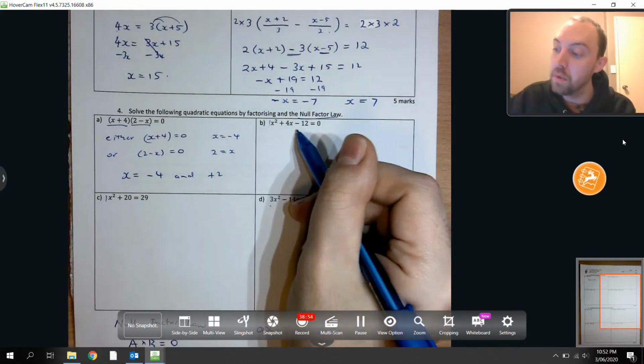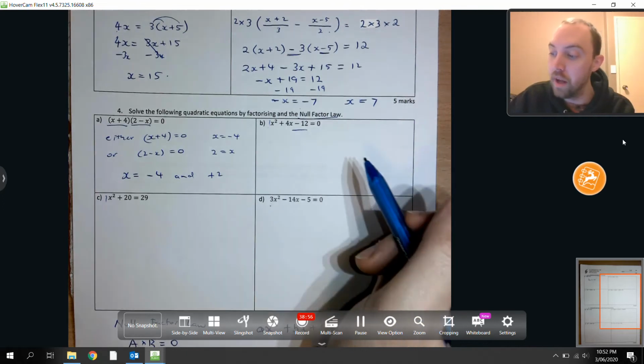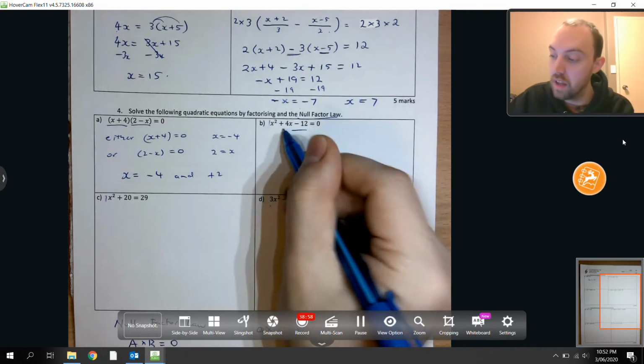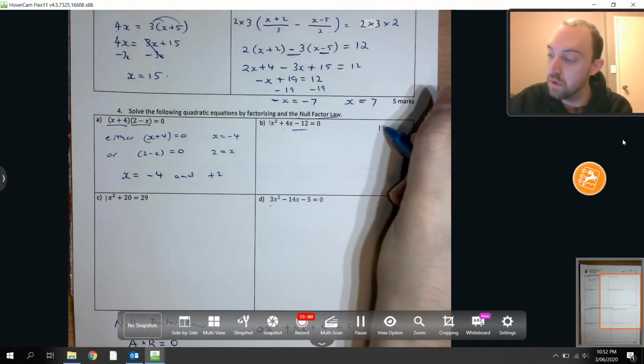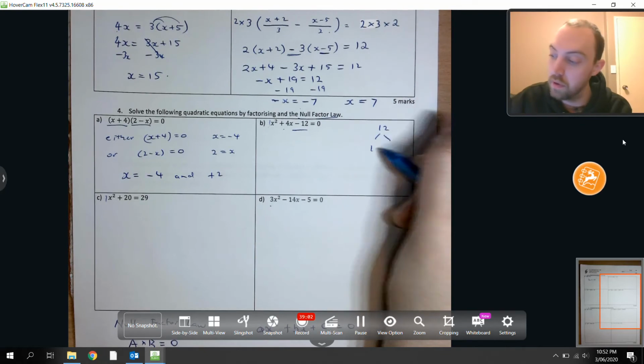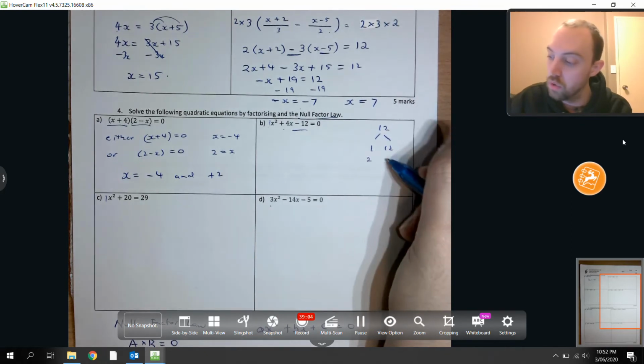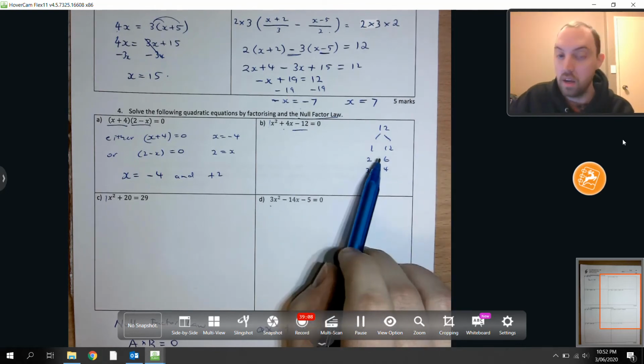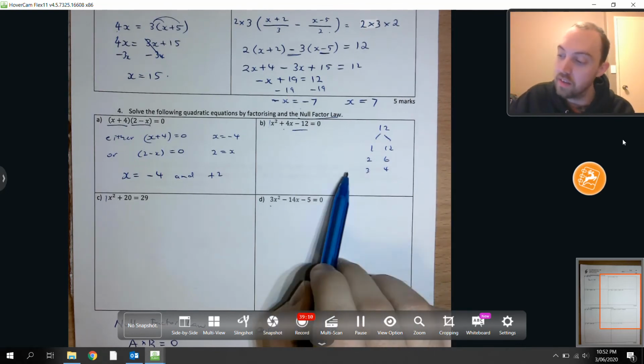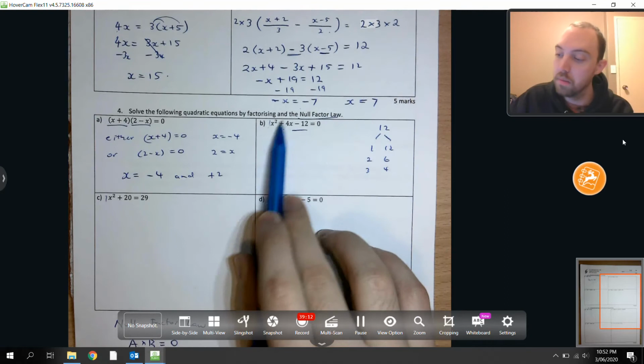In part B, we're looking for numbers that multiply to get to -12 and that add together to get 4. So we're looking for factors of 12 to begin with. 1, 12, 2, 6, 3, 4. And they need to add together somehow to get +4.